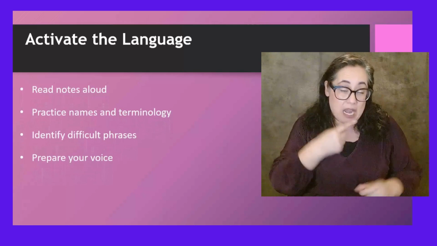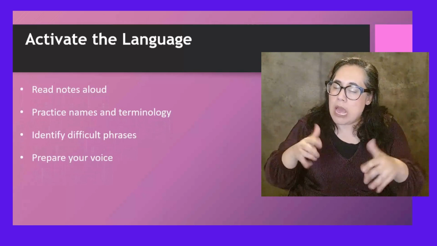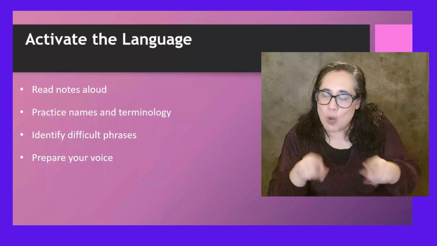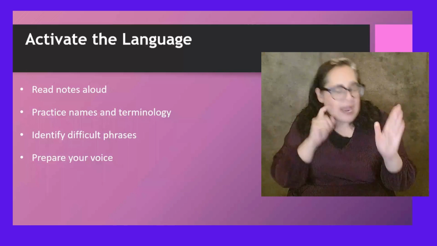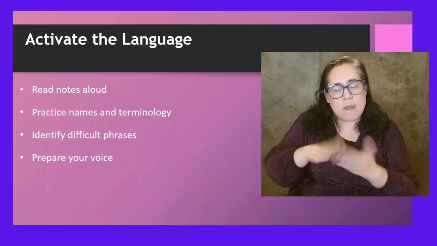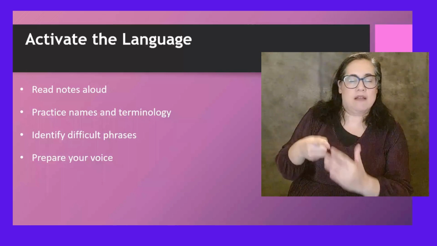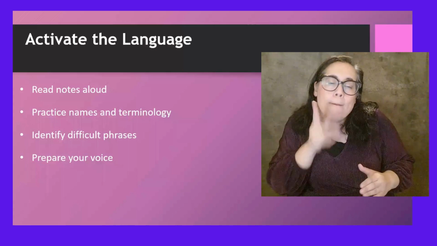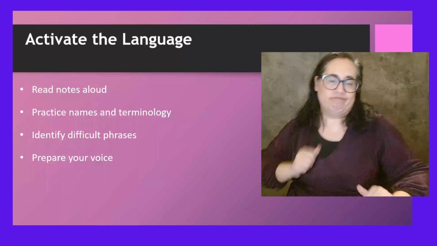If I haven't actually said a term out loud beforehand, there's a greater chance that I'll hesitate when I need it during the assignment. Reading my notes aloud gives me an opportunity to identify words that feel awkward, refine my pronunciation, and become more comfortable producing the language before the assignment begins. You could think of it as warming up the language, like a musician warms up before a performance.